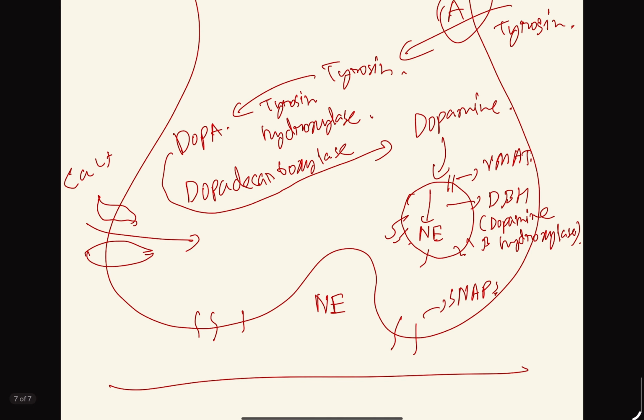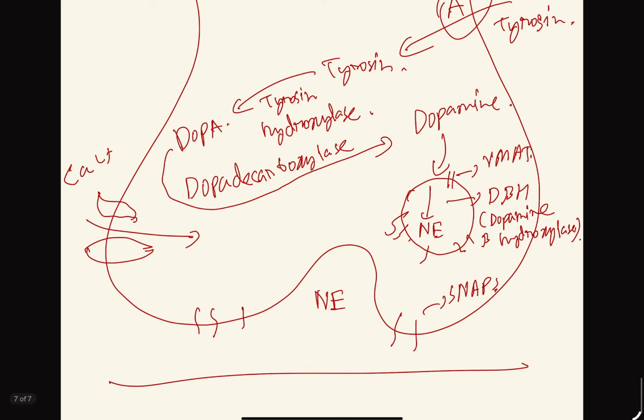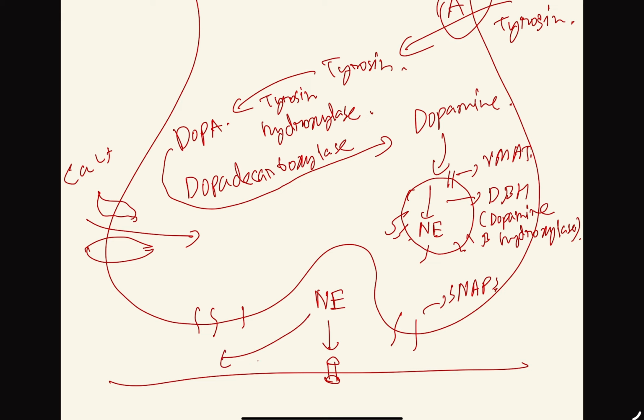So what happens to norepinephrine when it's released into the synapse? It can act on the receptor. It can be metabolized by the COMT enzyme.